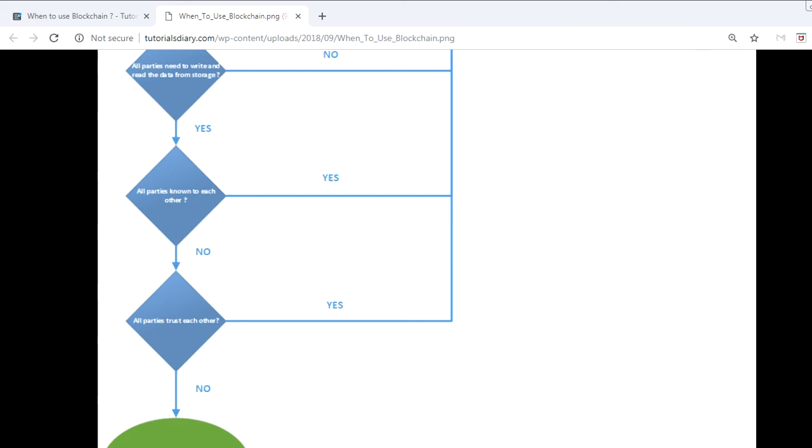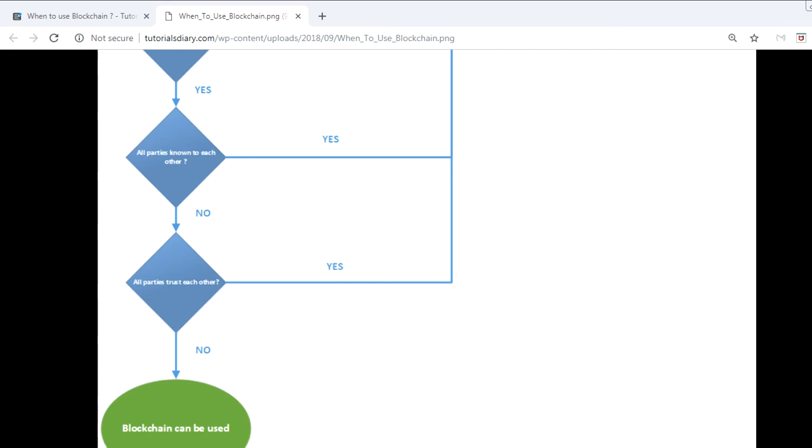If no, then certainly you need a blockchain. If the parties trust each other, then you don't require a blockchain, because if you just try to understand the blockchain concept, blockchain only came into the picture because companies or partners or vendors don't trust each other. In the current business scenarios, there are many vendors who are competing with each other, so they are not trusting each other basically.